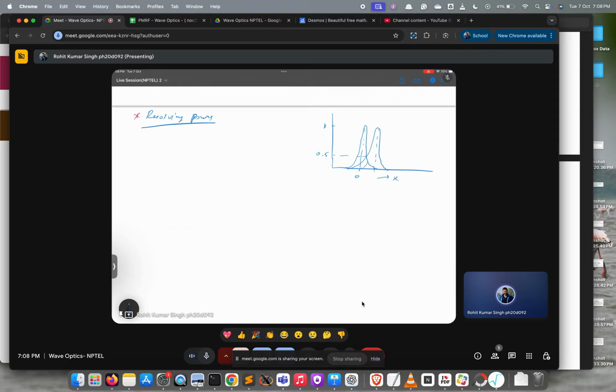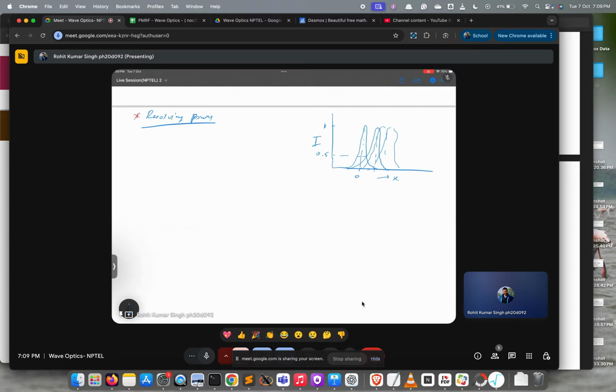Then they can shift more and they will be fully resolved, but at least they should have this condition: the falling intensity of the first one should coincide with the increasing intensity of the second one at I equal to 1 by 2. This is basically the limit of resolution.